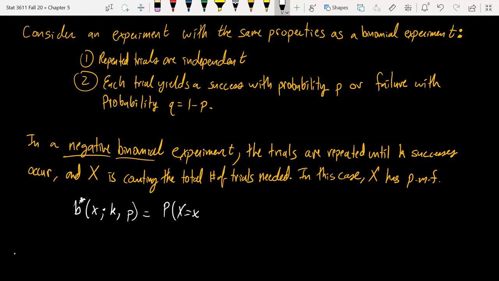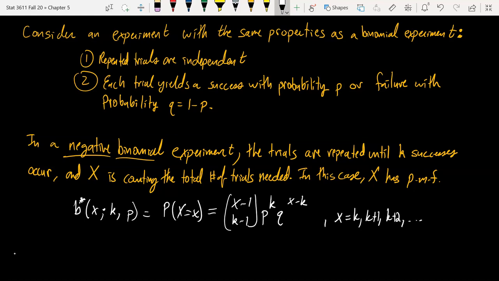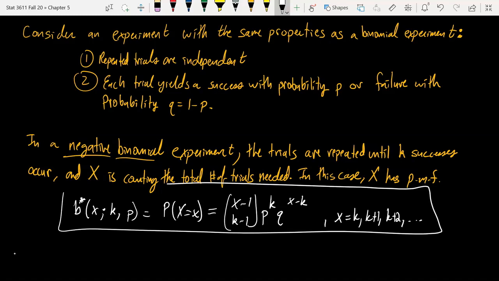Probability that X is equal to x is equal to, this is going to look similar to the binomial distribution, but it's slightly different. It's x minus 1 choose k minus 1, times p to the k, times q to the x minus k. And this is good for x equaling k, k plus 1, k plus 2, and so on. That is the negative binomial probability distribution.